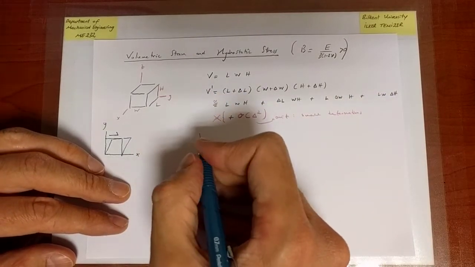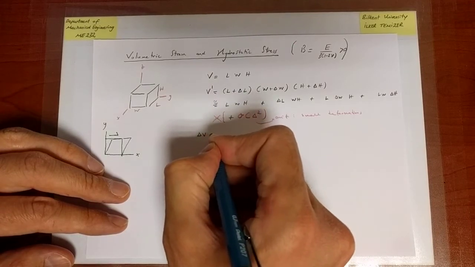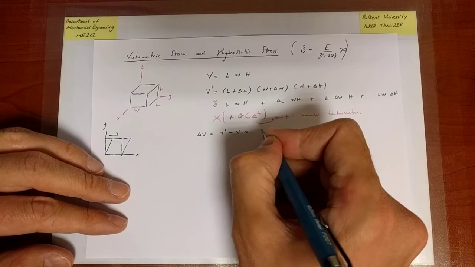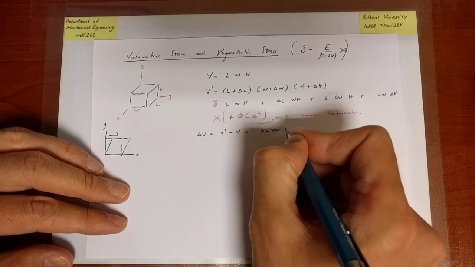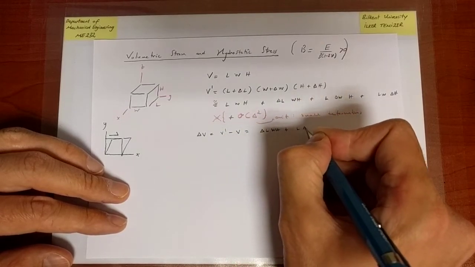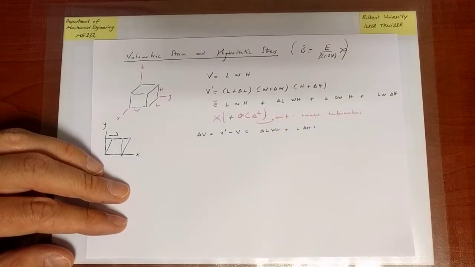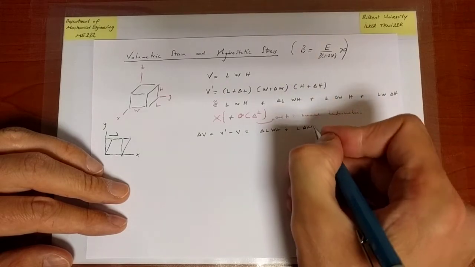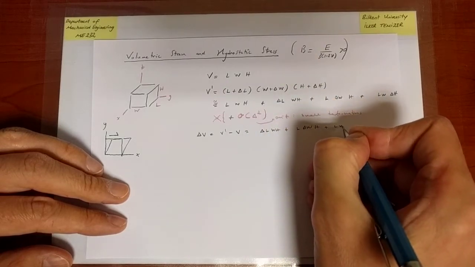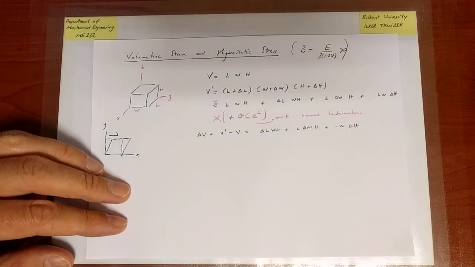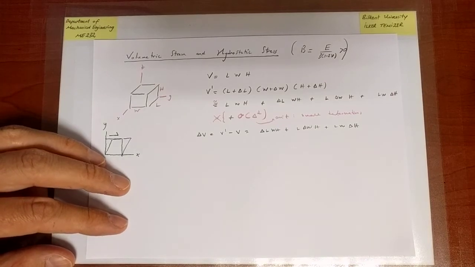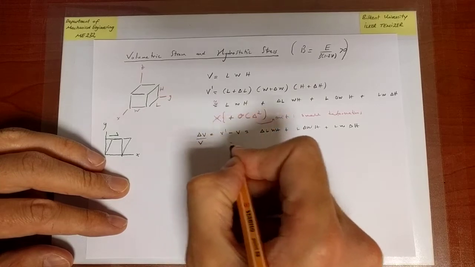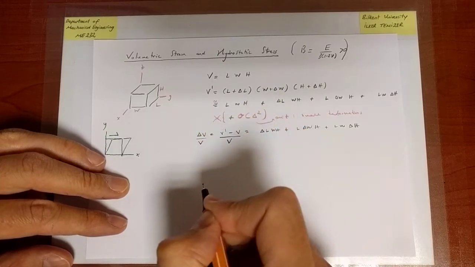And then let's go ahead and calculate delta V, which is V prime minus V, which is evidently equal to delta L WH plus L delta W H. And finally, LW delta H.